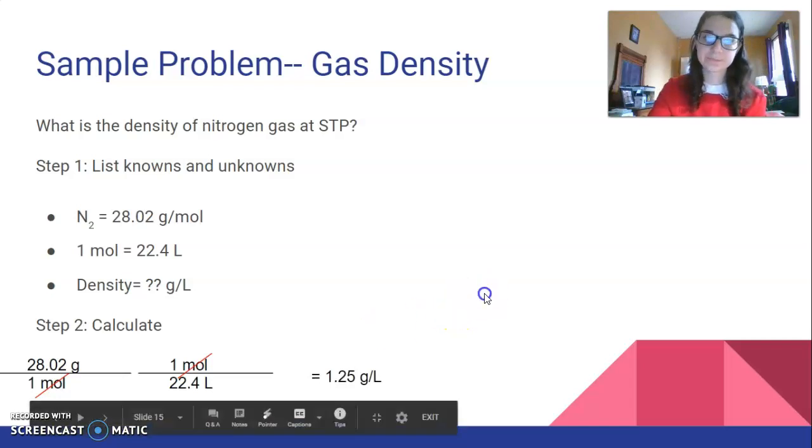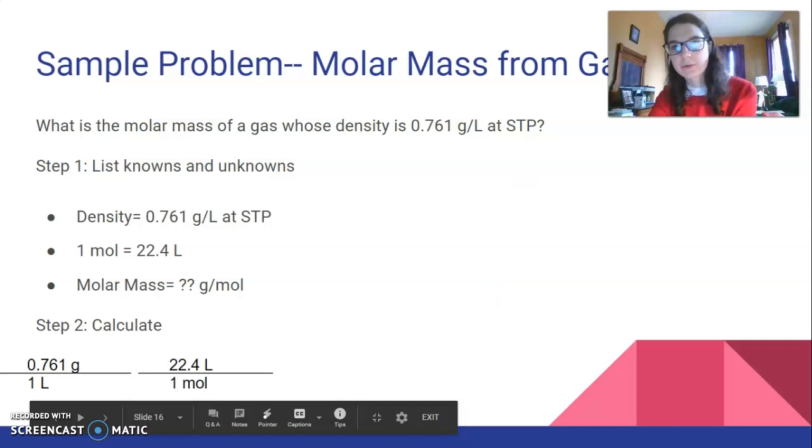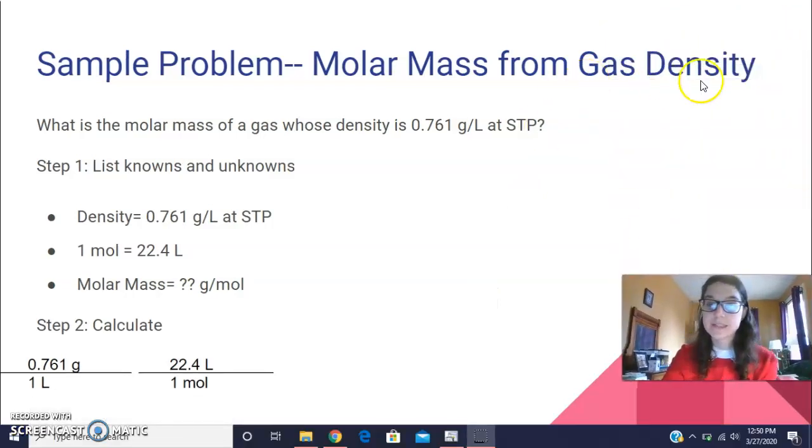We can also have a problem where we're looking for molar mass given a gas's density. So we want to know the molar mass of a gas whose density is 0.761 grams per liter at standard temperature and pressure. Again, we're going to list our knowns and unknowns. Density is 0.761 grams per liter.